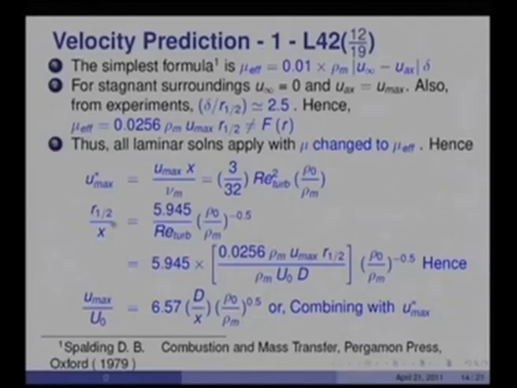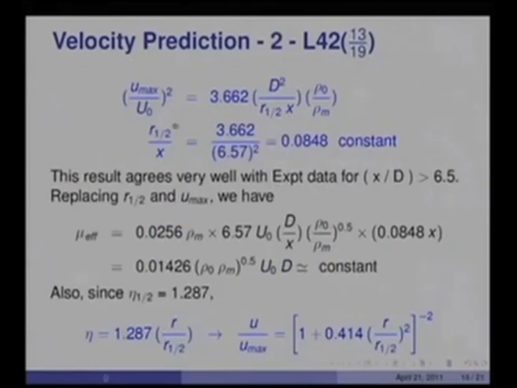Remember, r half will get cancelled, and 6.57 d by x (rho naught by rho m) raised to 0.5. Now, combining this with u star max, I will get (u max over u naught) square equal to that, or r half by x equal to 3.662, 6.57 square is equal to 0.0848.